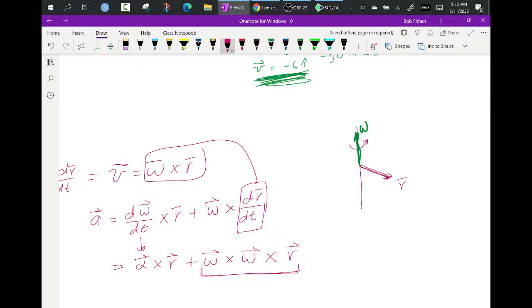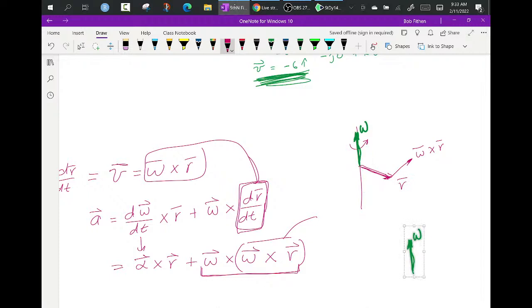Now, the thing you're supposed to do is you're supposed to do this crossing first. This vector ends up being right here. So this is the omega cross r. Now, if you take this vector, I'm just going to do a copy and paste.